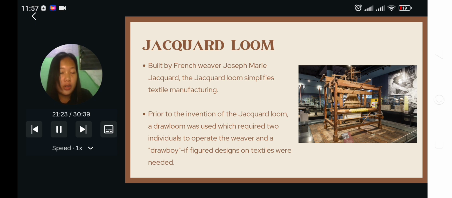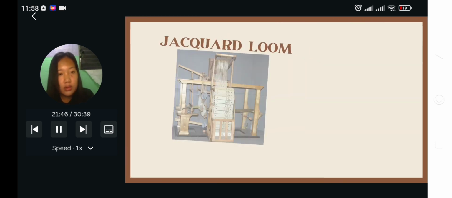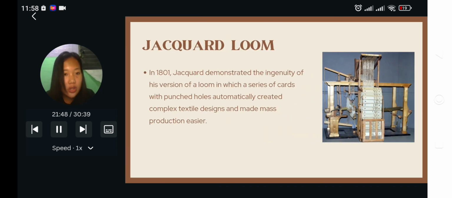So, kailangan pa natin talagang mag-exert ng greater effort, tsaka ng intensified manual labor ng mga worker para makapag-produce lang ng complex designs ng textile. And in 1801, Jacquard demonstrated the ingenuity of his version of a loom in which a series of cards with punch holes automatically created complex textile designs and made mass production easier.